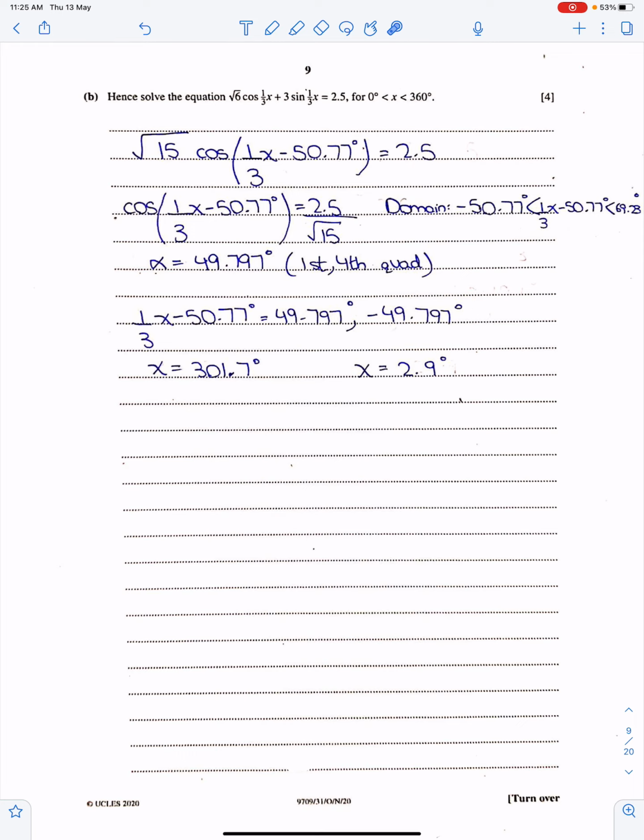Now you need to work for x. You need to bring this on right hand side and then you need to multiply the resultant by 3. These are two answers up to 1 decimal place. This solution is very important. Make sure you take the screenshot of this solution. This part is extremely important, the change of domain part.